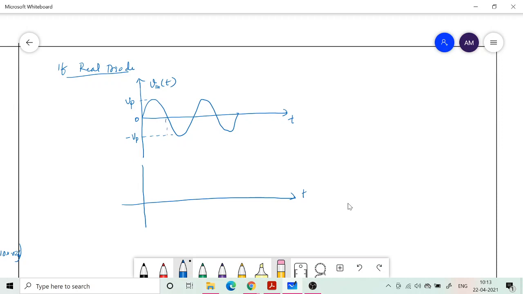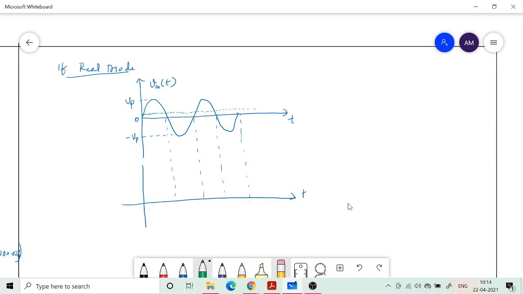I need to know when it is forward bias and when it is going to be reverse bias. This information is required. Not only that, what is the cut-in voltage? That's an additional thing. So let me say that the cut-in voltage is somewhere here. I'm not specifying the actual value, but I'm just drawing a line which represents the cut-in voltage.